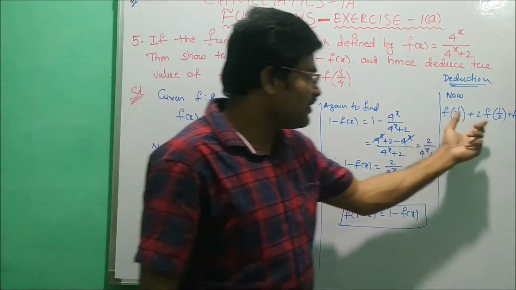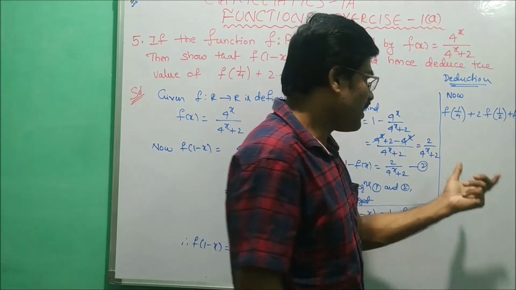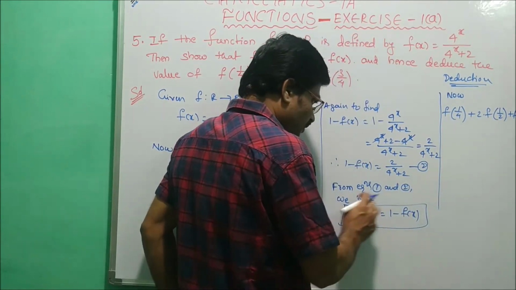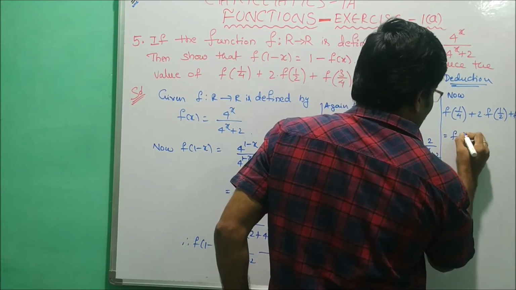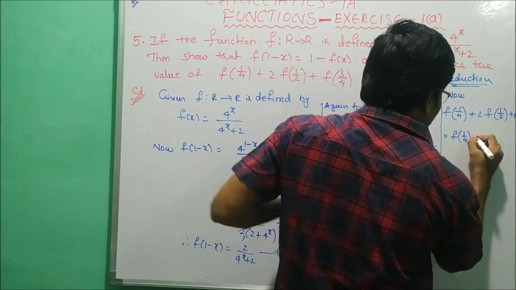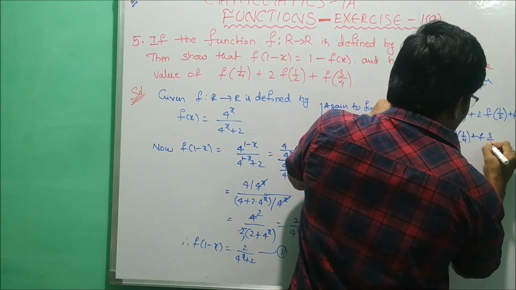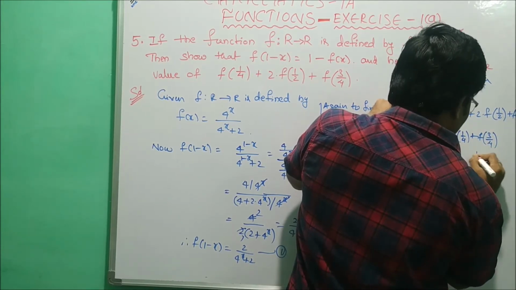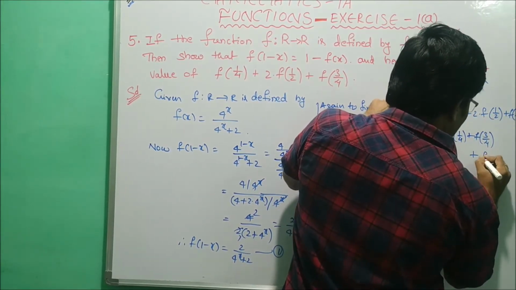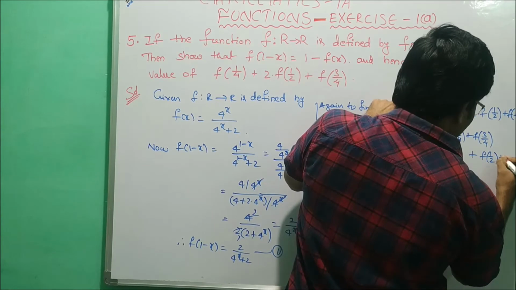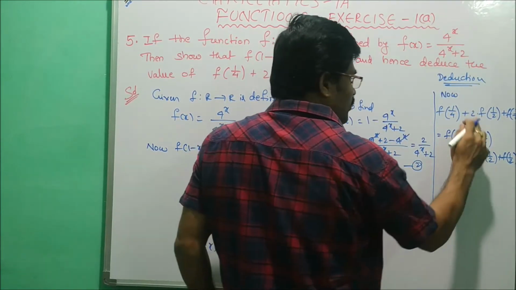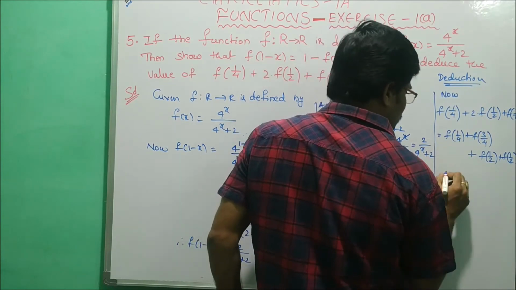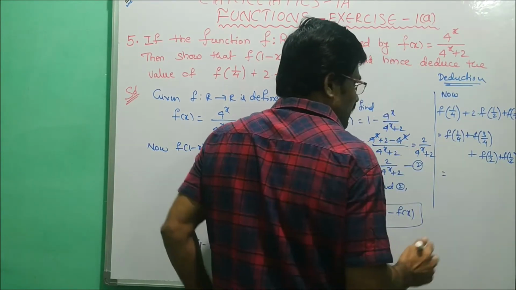Now we write this function in terms of this relation. Here first we write f(1/4) plus f(3/4), plus here we write f(1/2) plus f(1/2). Both are added, 2 into f(1/2). Already we get the same value.